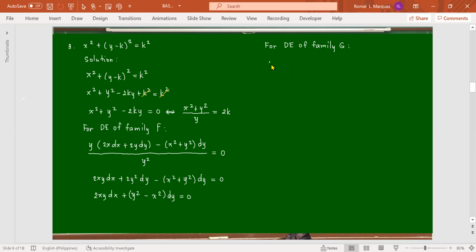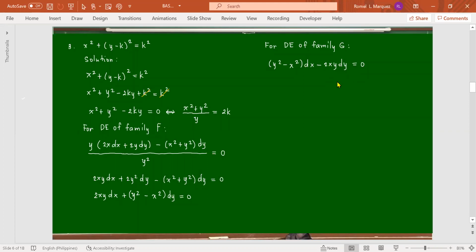So getting (y squared minus x squared) quantity dx, and then here, minus 2xy dy is equal to 0. So this is now the differential equation of the unknown family.